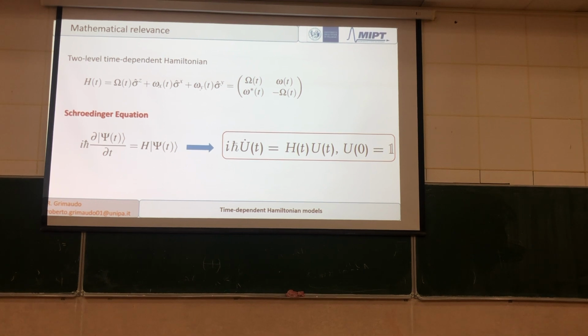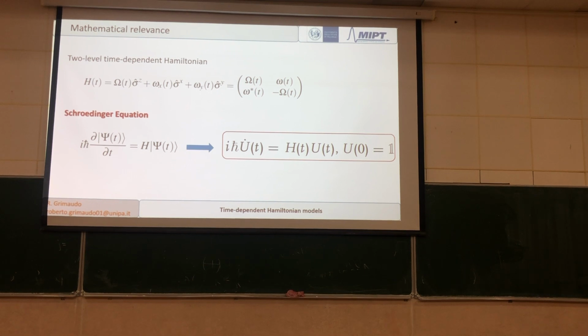But now we see the mathematical relevance of studying such a dynamical problem. Here we have again the two-level time-dependent Hamiltonian, and we can write the well-known Schrödinger equation, which can be written in this way. Maybe you are familiar with this writing.